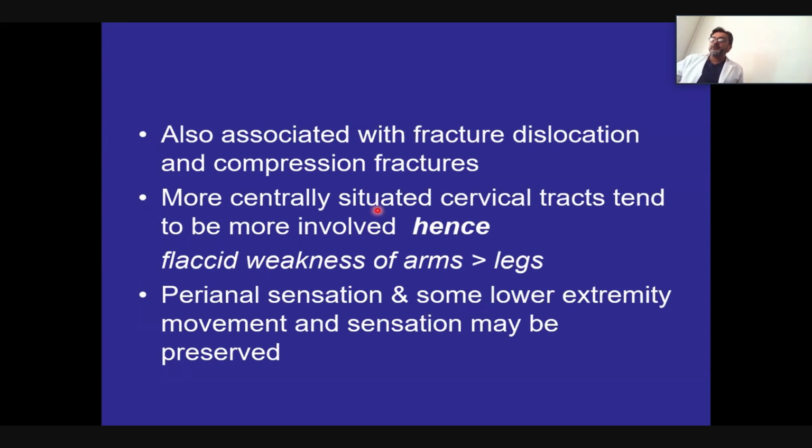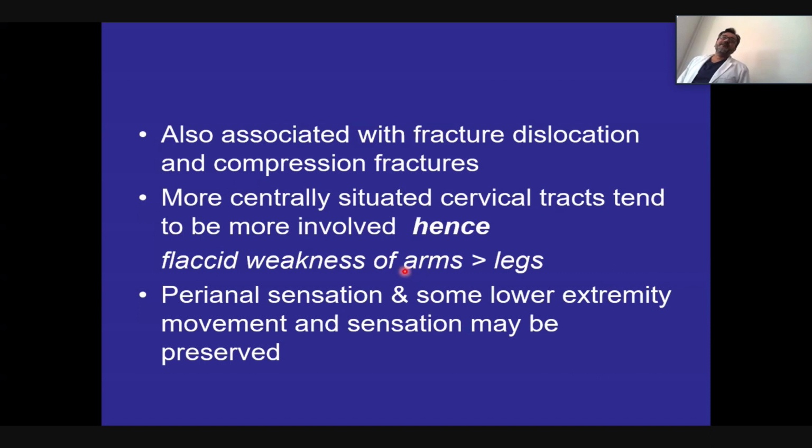So the more centrally situated cervical tracts tend to be more involved, hence flaccid weakness of the arms is more than the legs. So again, like in syringomyelia, this is because of the fibers of the spinothalamic tract as well as the fibers of the corticospinal tract. The medial fibers represent the upper limb.